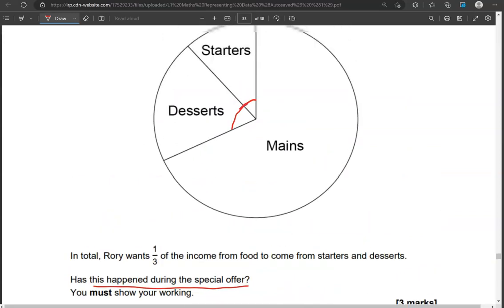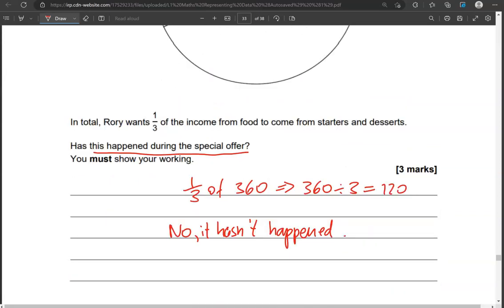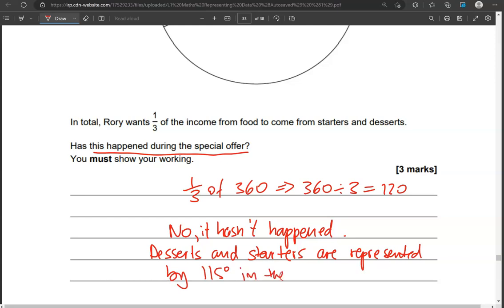Desserts and starters are represented by 115 degrees in the pie chart, not 120 degrees.